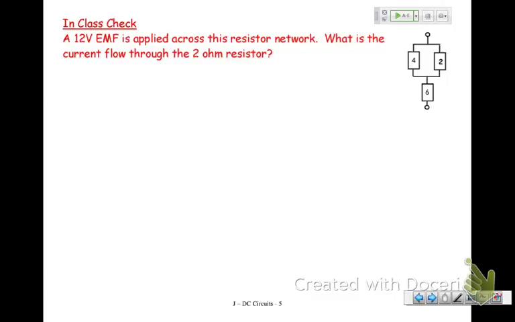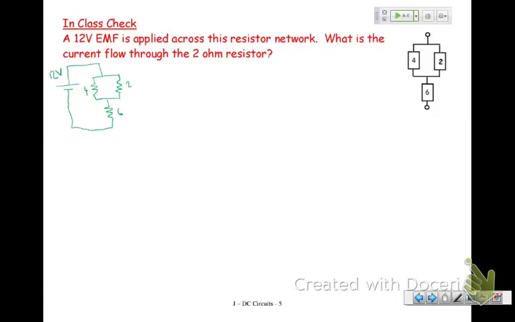So this says a 12 volt EMF is applied. So let's draw a circuit out. So here's my battery. And that's 12 volts. And then this is 4 ohms, and this is 2 ohms, this is 6 ohms.